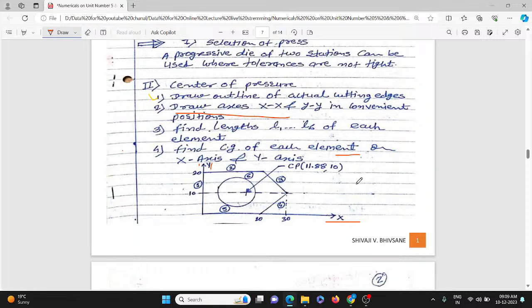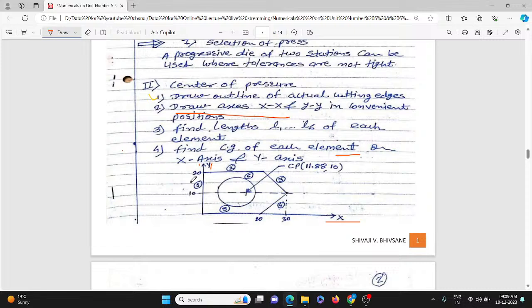Next step, the axes will be drawn, that is xx and yy axes, in a convenient position. Then you are going to number the line segments.